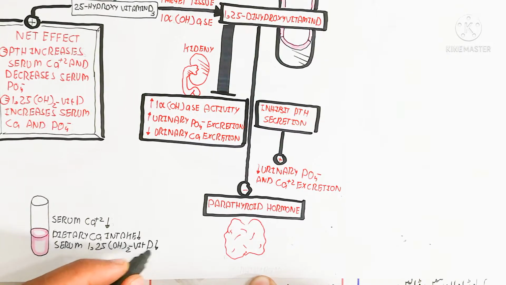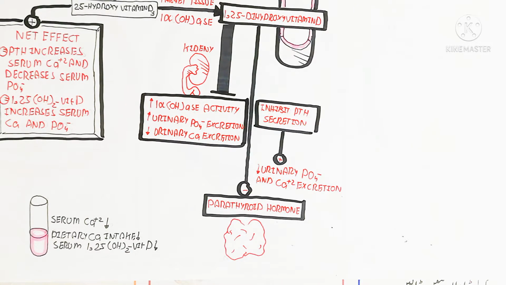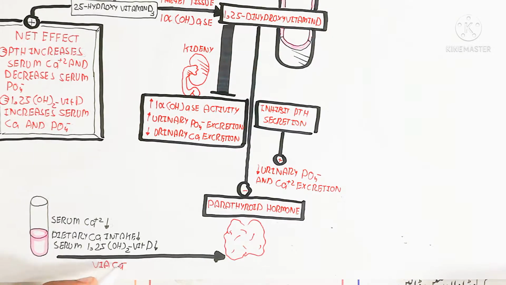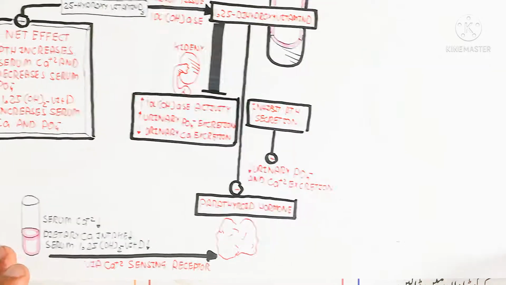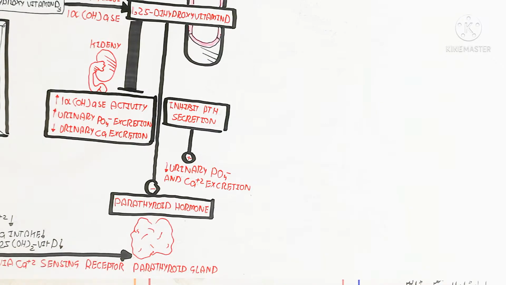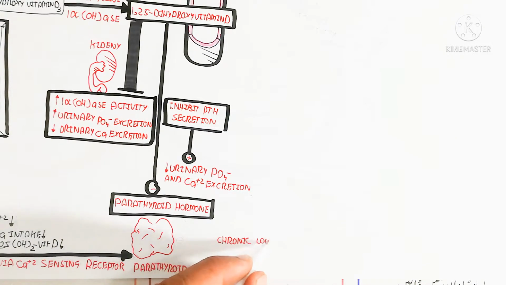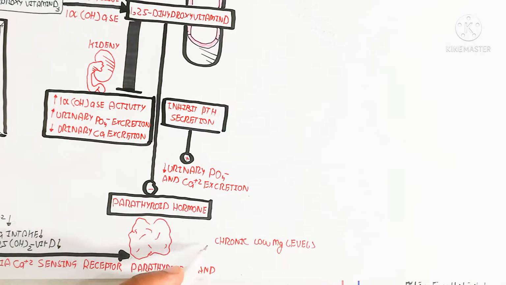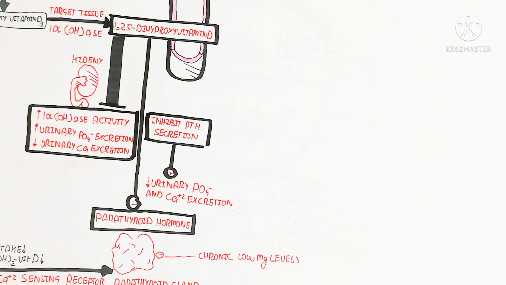Here is the serum containing calcium and phosphate, and vitamin D decreasing in the blood leads, via the calcium sensing receptor, to the parathyroid hormone being released, for the uptake of calcium and phosphate due to stimulation of the parathyroid.